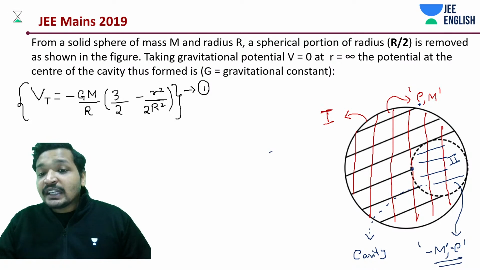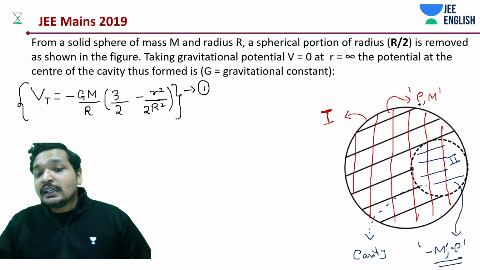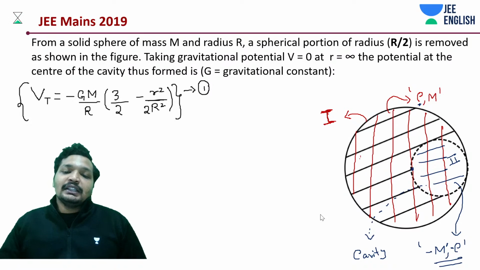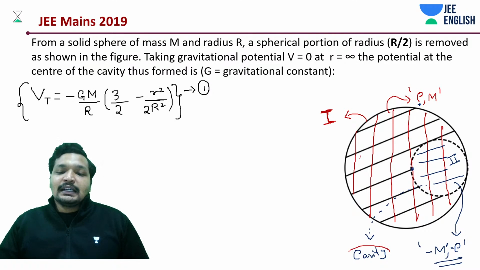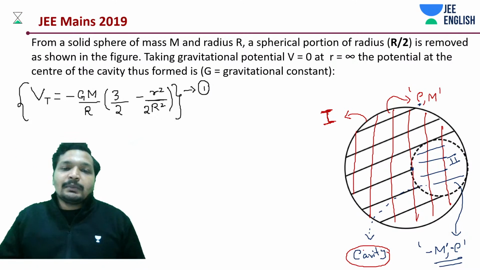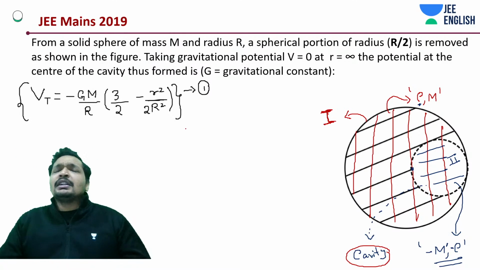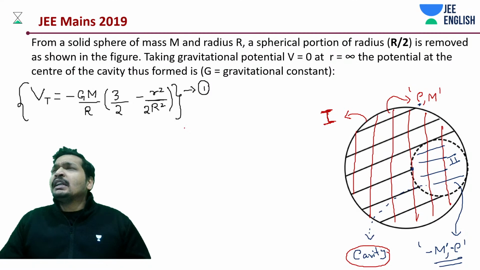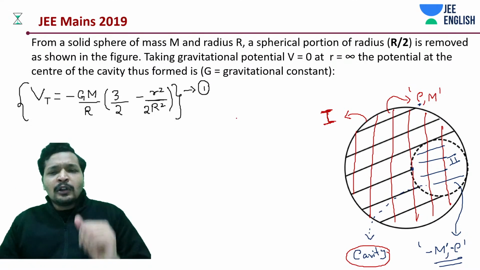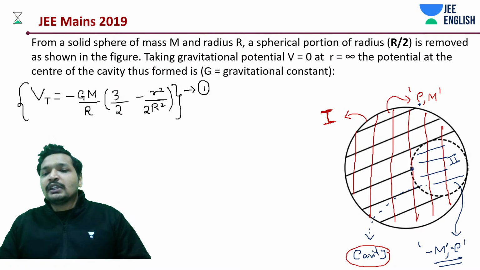That means the cavity was not removed. Only superimposition of both of these will make that cavity. It can be a small hole, it does not matter. There was a question in 2020 or 2019 JEE Advanced where it was a small hole, but the concept is the same. You will take the whole sphere and take a negative mass.